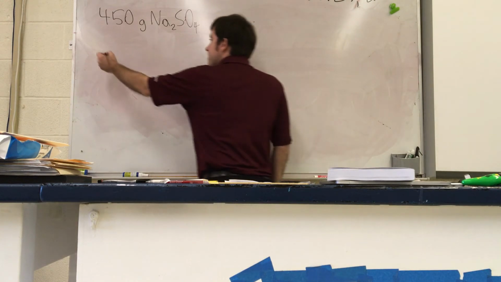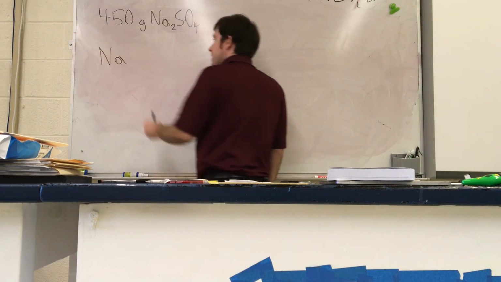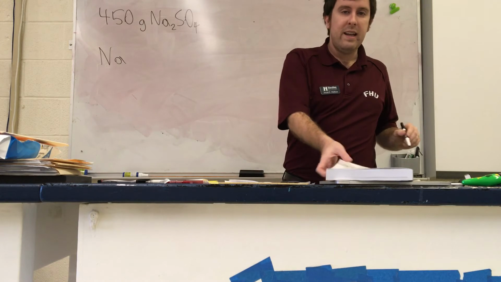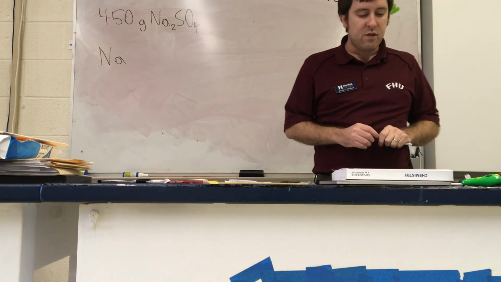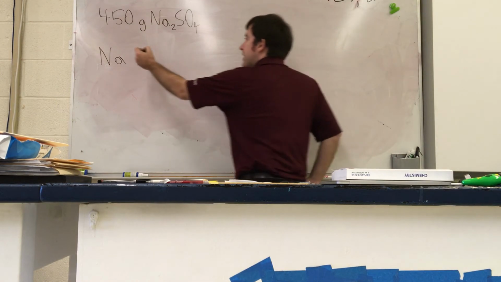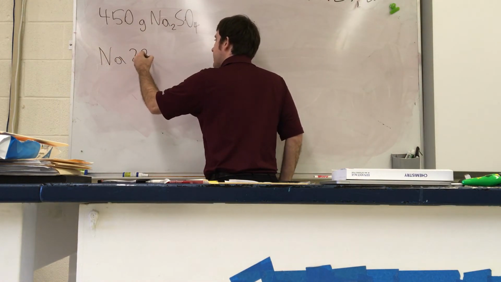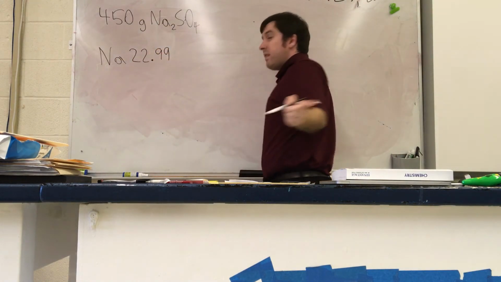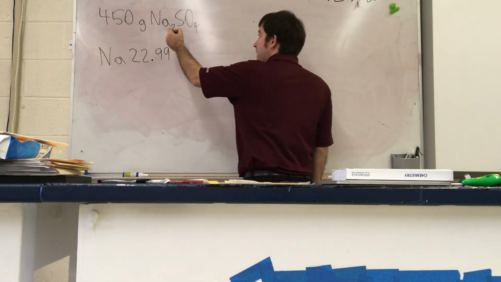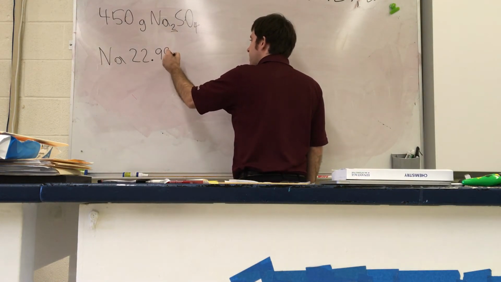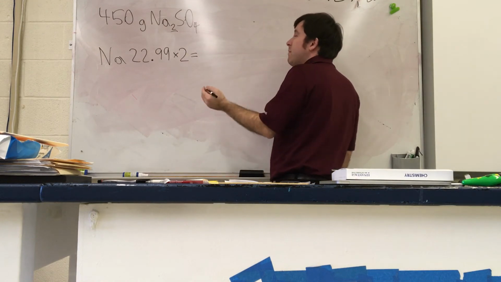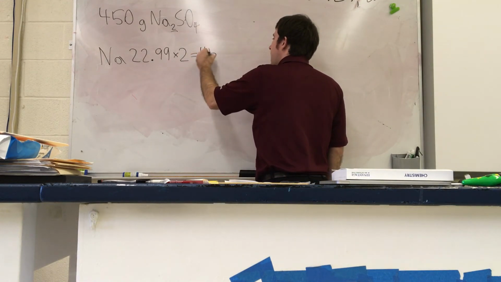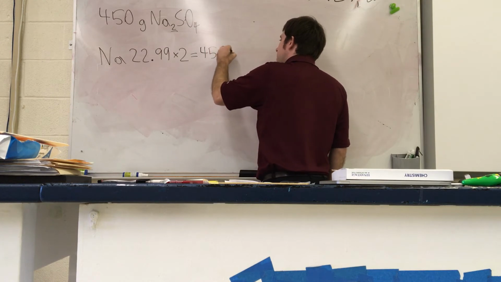So we got sodium. According to our handy-dandy periodic table, we have a molar mass for sodium of 22.99. Right there on the table. We have 2 of them, so times 2, that's going to give us somewhere around 45.98, I believe.